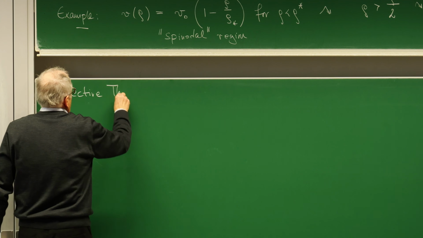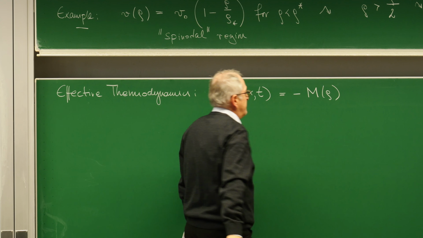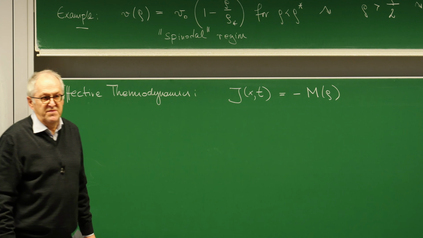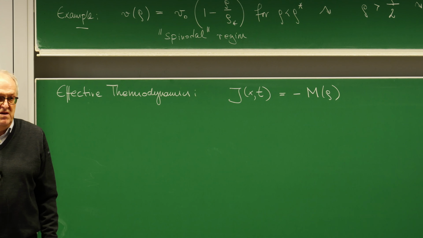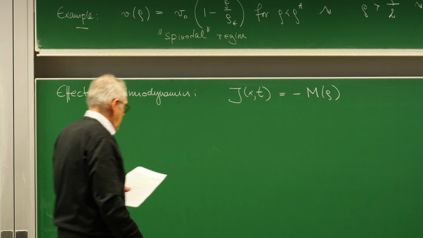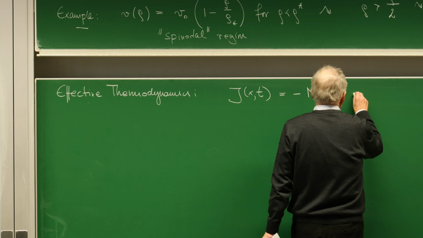Good, now as promised, let us see whether we can rephrase this in an effective thermodynamic formulation. If we want to do that, we should obtain a form that is a thermodynamic form. And as you recall, I must have that the current that I'm talking about is some mobility coefficient, m of rho, a non-zero coefficient that can be dependent on the dynamic variable.